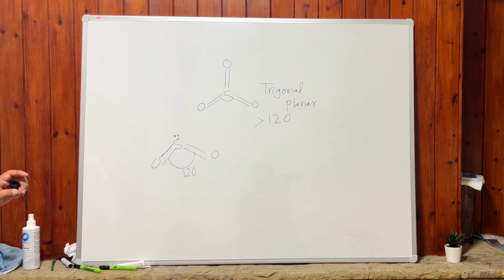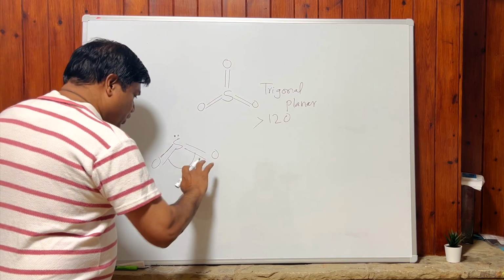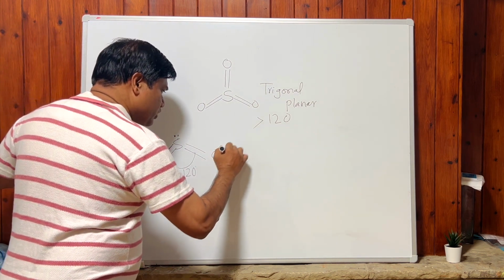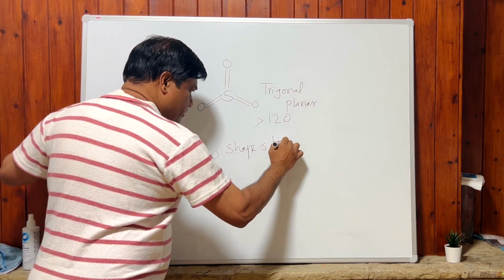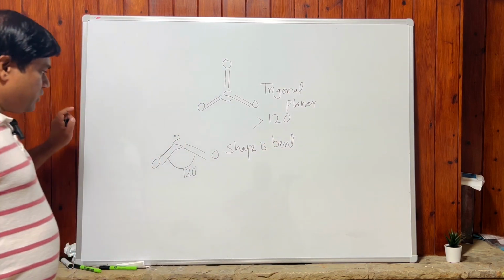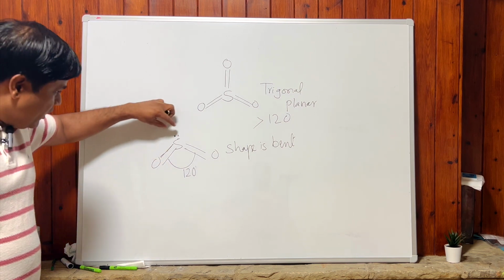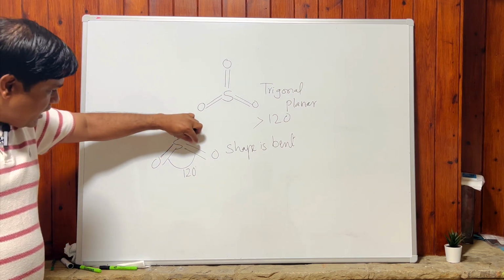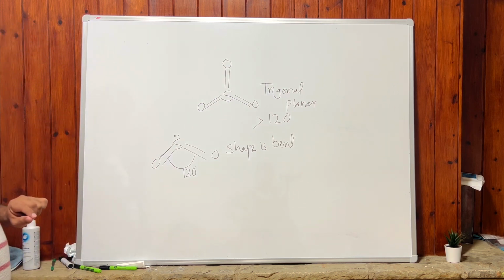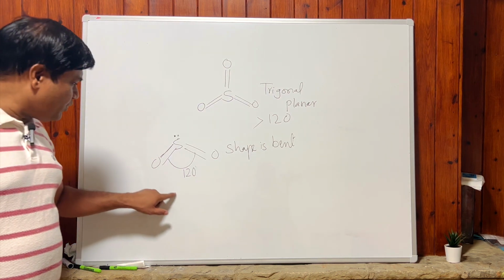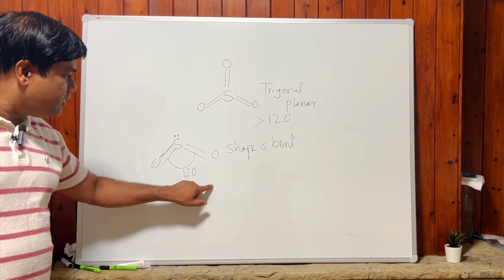It is a bent shape. Here the lone pair and the double bond will not cause any repulsion. So that's why the bond angle is 120 degree.